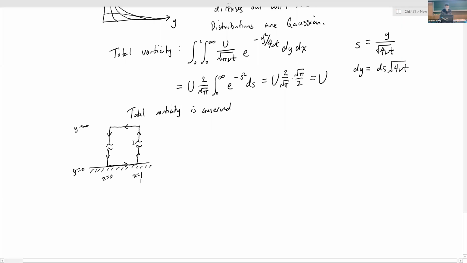If I wanted to calculate the total vorticity in this area here, that total vorticity, I could write it down. And in fact, this is exactly the same integral as what I wrote up here, right?